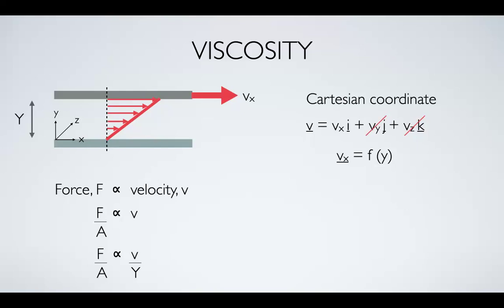F divided by A is proportional to velocity V divided by y, the gap. If we make it a complete equation, we're going to have a constant, which is mu, or viscosity. So force divided by A is equal to viscosity of the fluid times V by y.